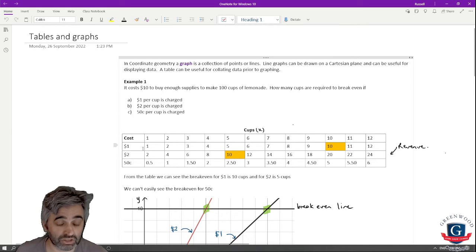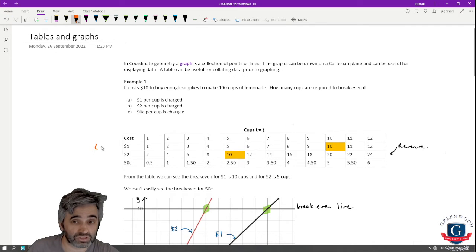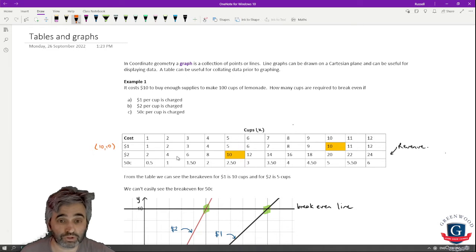So if we charge $1 for 1 cup, it's going to cost us $1. For 5 cups it would cost us $5, and for 10 cups it would cost us $10. So here is our break-even point. For $1, the break-even point occurs at 10,10. For $2, for 1 cup we would charge $2. For 4 cups we'd charge $8, and for 5 cups we'd charge $10.